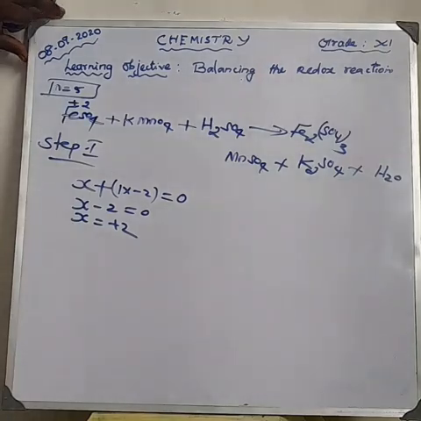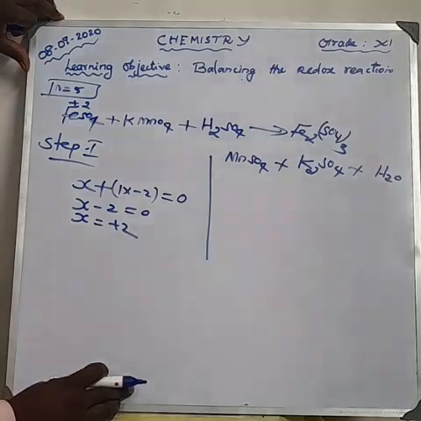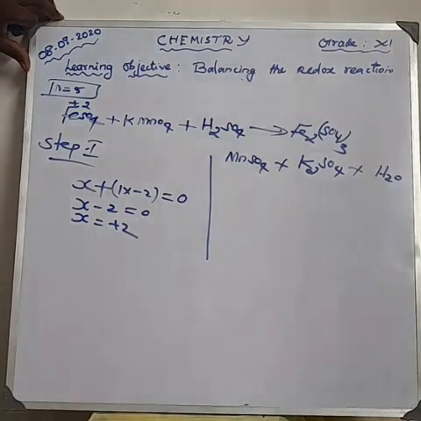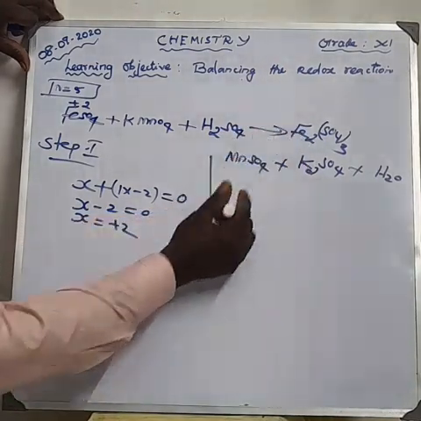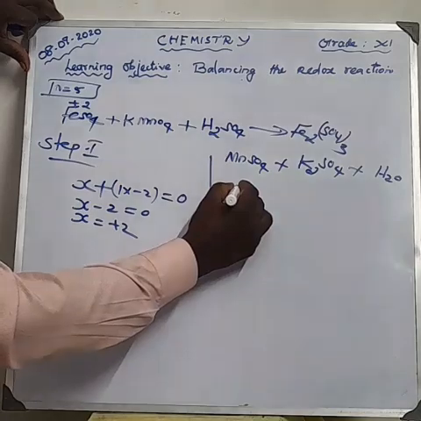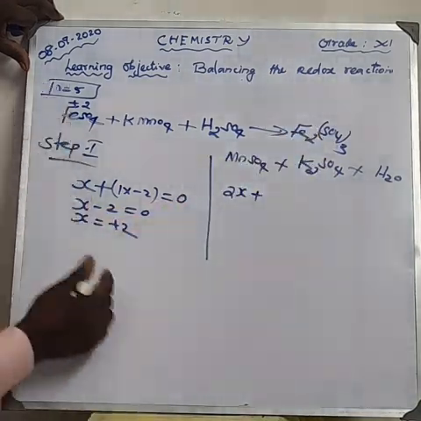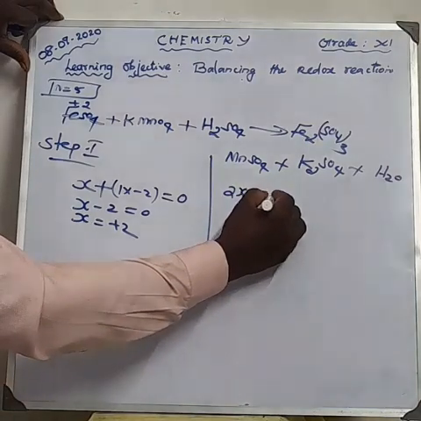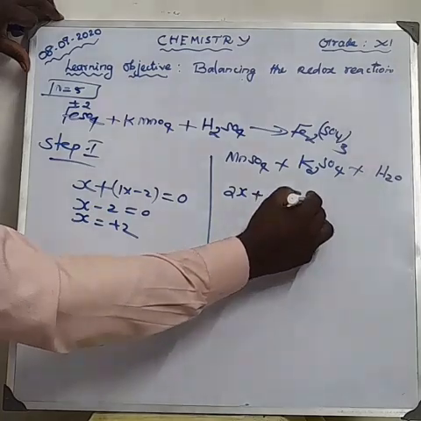Second, ferric sulfate. How will you find the oxidation state for Fe here? There are 2 Fe ions, so 2X plus 3 sulfates, 3 into minus 2, equal to 0.